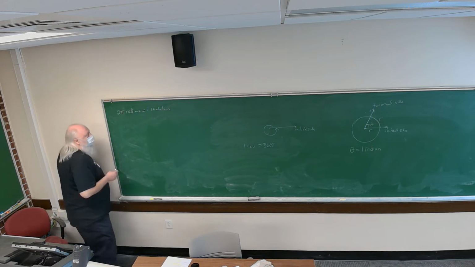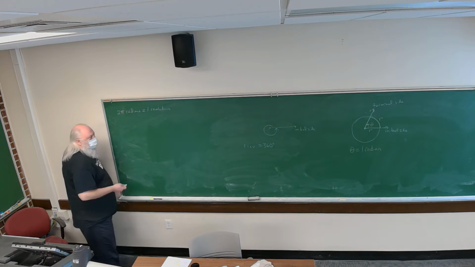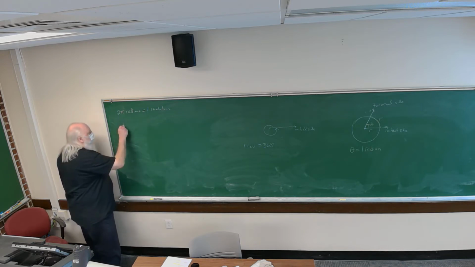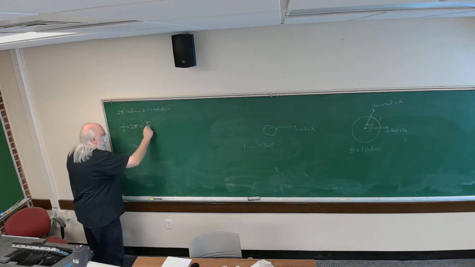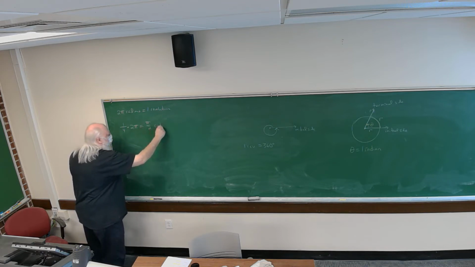You can see from the graph the angle drawn is 1/4 of a revolution, and 1/4 of 2 pi radians is equal to pi over 2 radians.